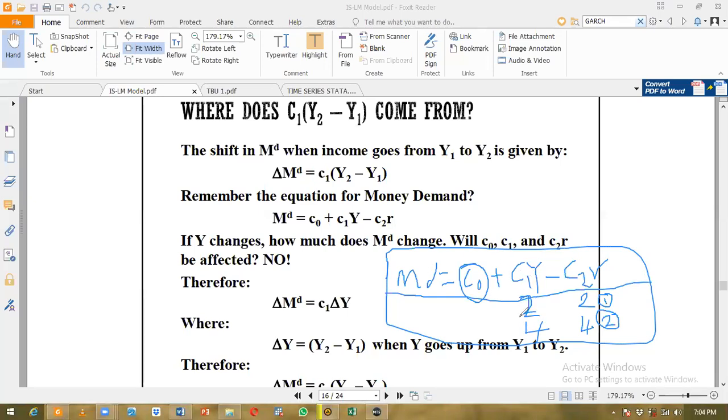And assuming C1 is equal to 4, it means that if income should increase by 1 unit, then money demand will increase by 4 units. When you come here with a C2 of 2, it means that if interest rate should increase by 1 unit, then money demand will decrease by 2 units. And if interest rate should increase by 1 unit for the second one, then money demand will fall by 4 units.